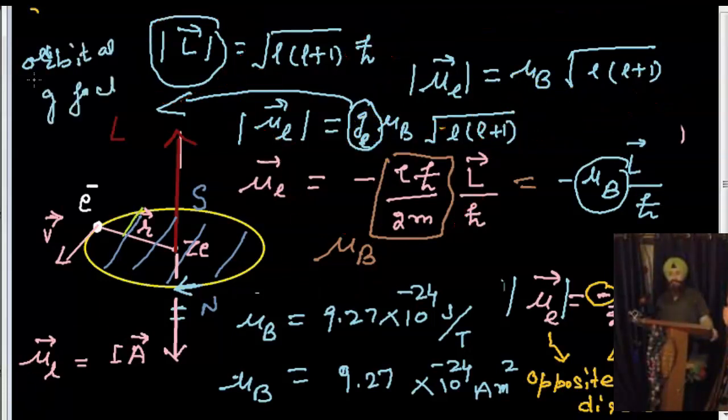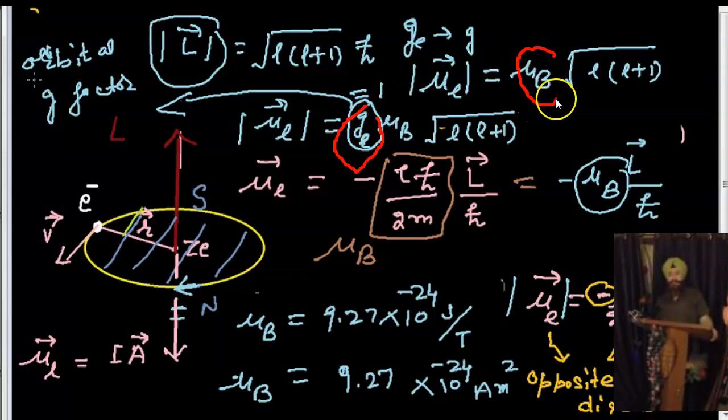Now a question for you. What is the use of the g factor here? Second, what is basically the Bohr magneton? Of course, it depends upon the orbital quantum number.